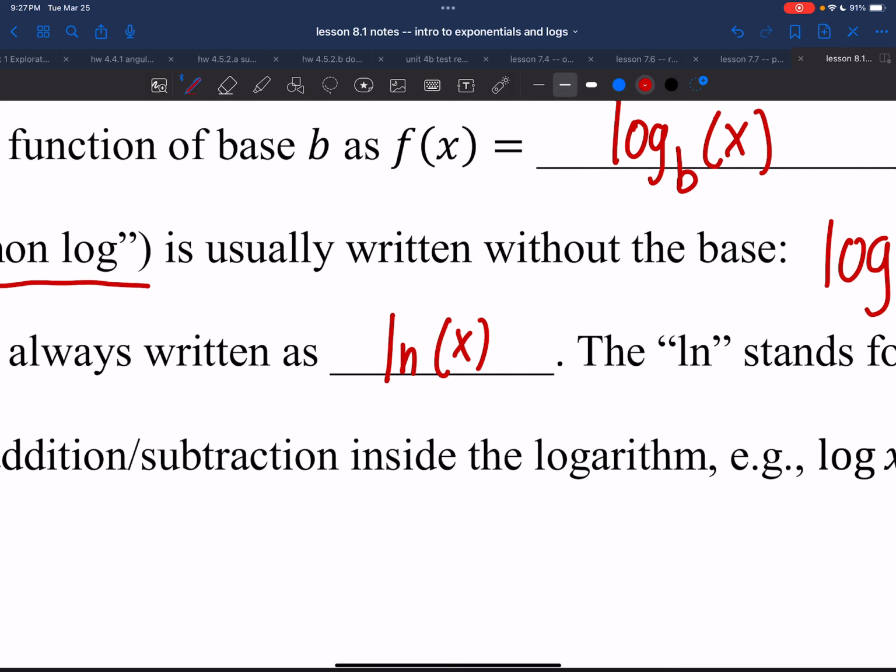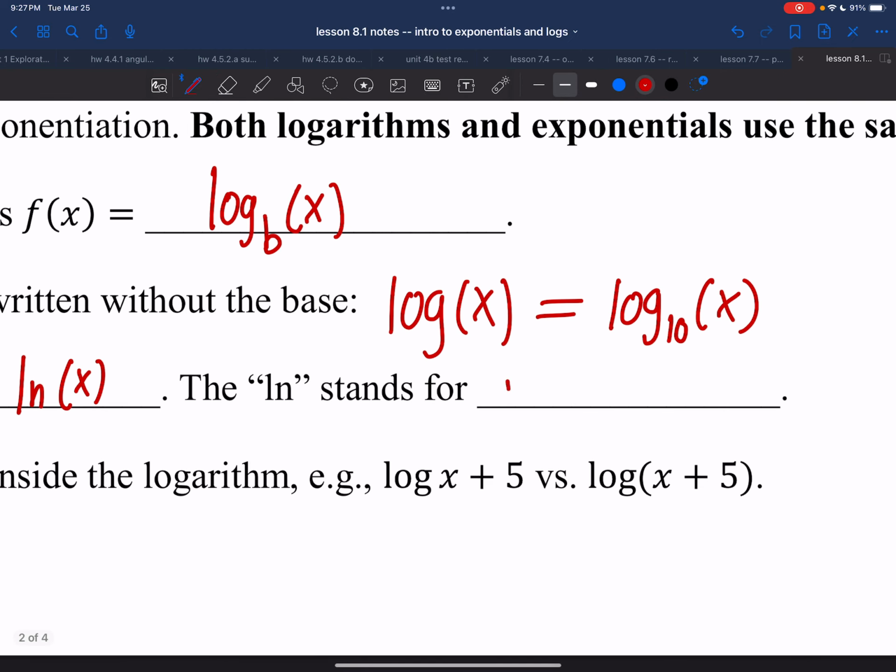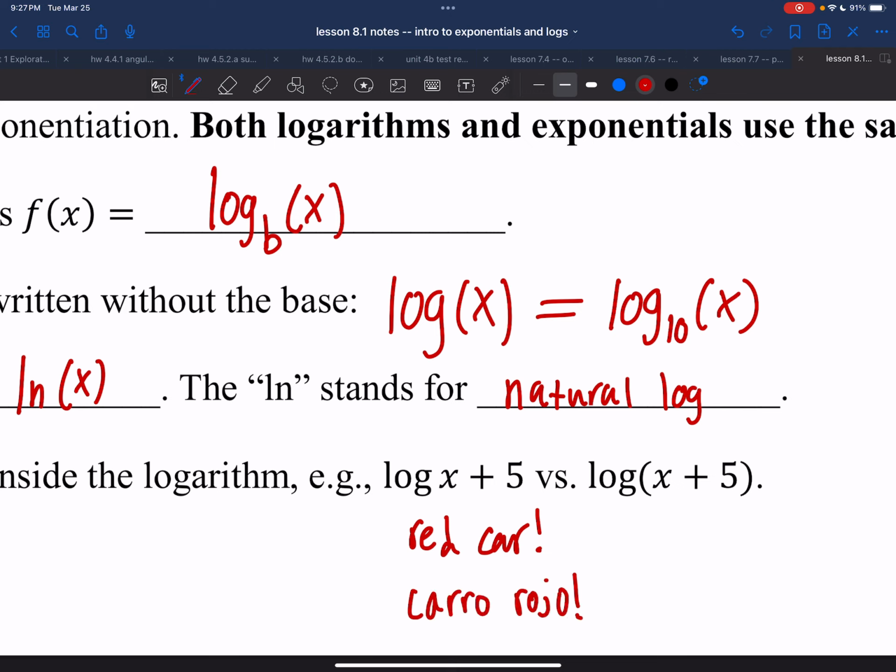What does this notation mean? The ln stands for what we call natural log, okay? And you say, I don't see the connection there, Mr. Spake. This is weird. I say, give me some time. You're going to get used to it. You say, but the letters are backwards. Okay, here's my justification. In English, we say, look at the red car, right? But in Spanish, you would say carro rojo, right?